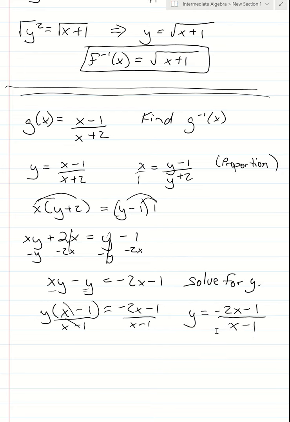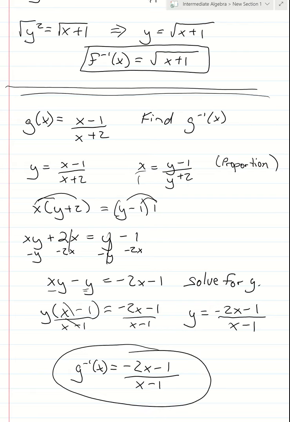Can't simplify anything. This is the new y, so that means the new y will in fact become our inverse function g of x, the negative 2x minus 1 over x minus 1. That's our new inverse function there.